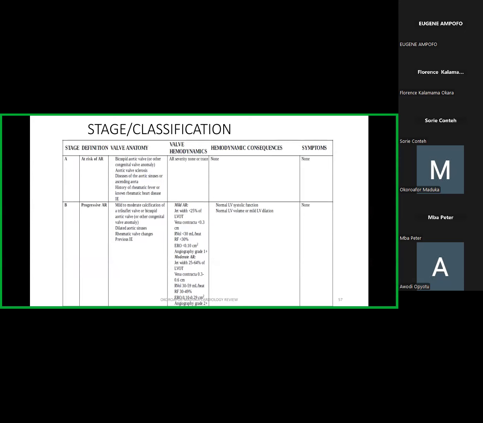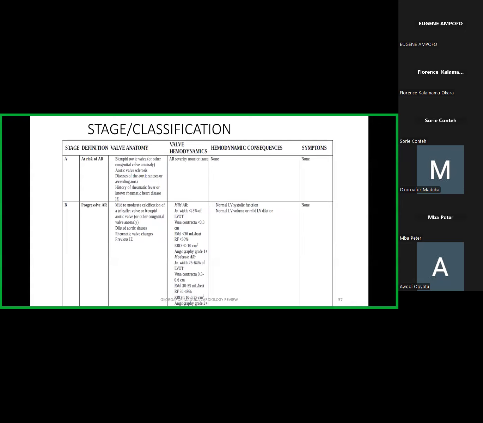So the stages of aortic regurgitation, just like I mentioned for the aortic stenosis, are classified A, B, C, and D. The A is those at risk of aortic regurgitation, usually no hemodynamic consequence or symptoms, and the patient may just have a bicuspid aortic valve. For the progressive, they could have mild to moderate calcifications.